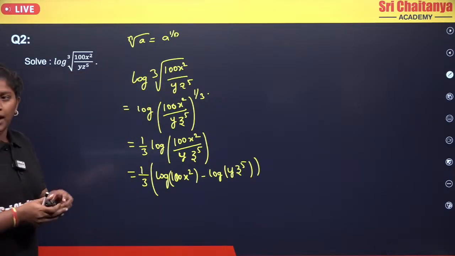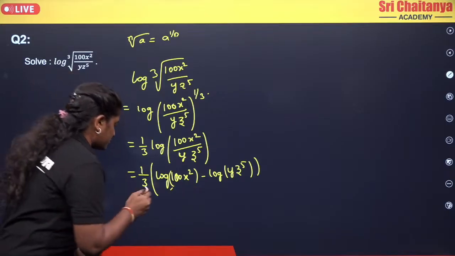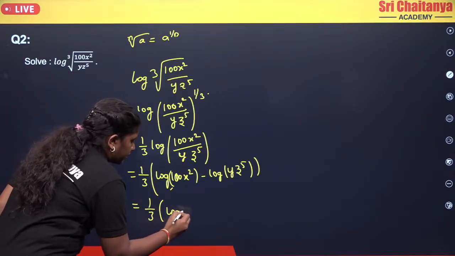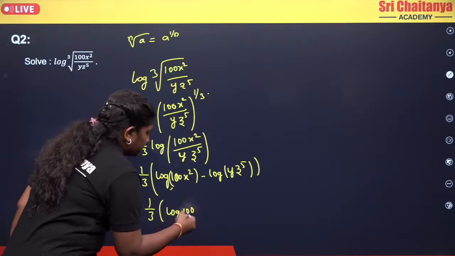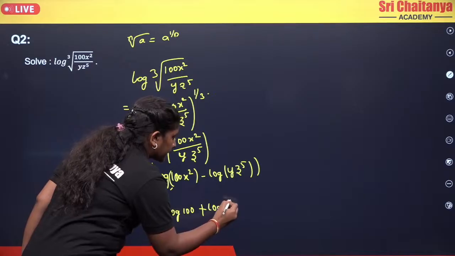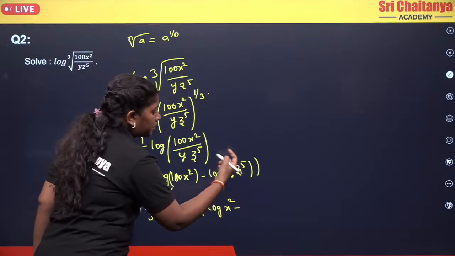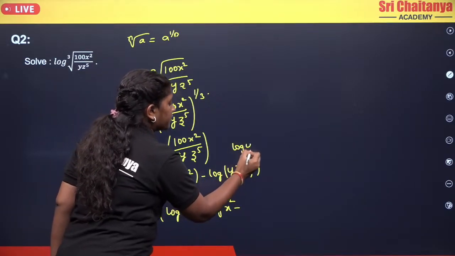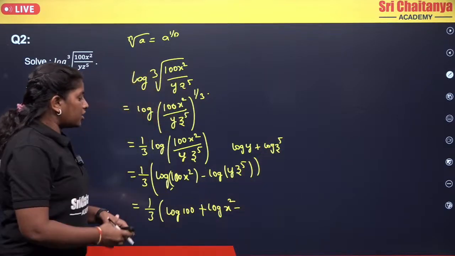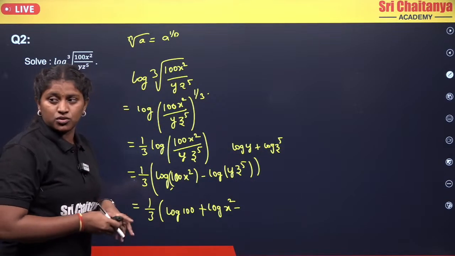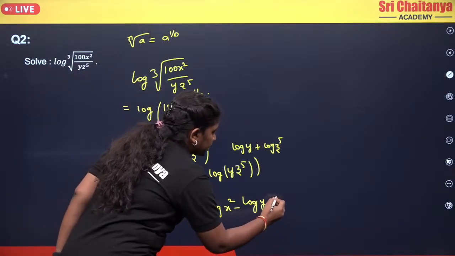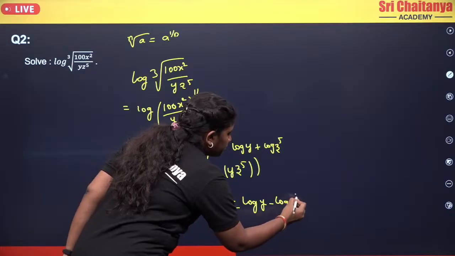Now once again, 100 into x², log of a into b, so that becomes 1/3 into log 100 plus log of x² minus. So y into z⁵ also will become log y plus log z⁵. But here you have minus, so multiply with minus. So what will you get? Minus log y minus log z⁵.